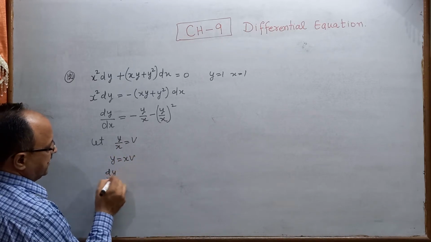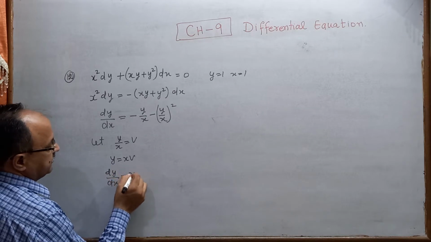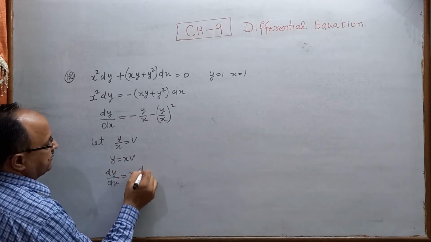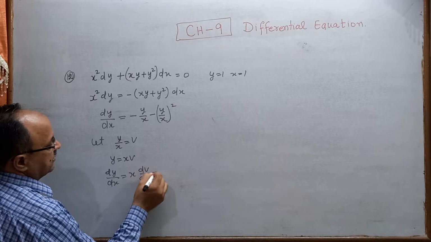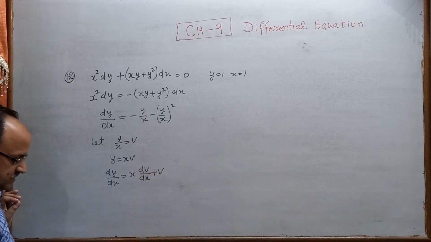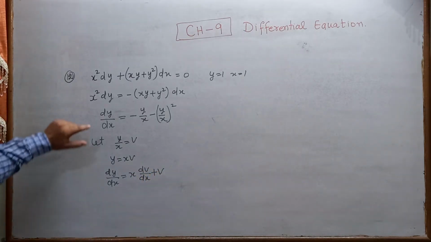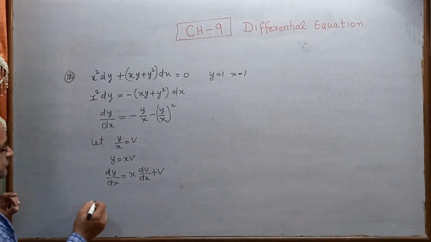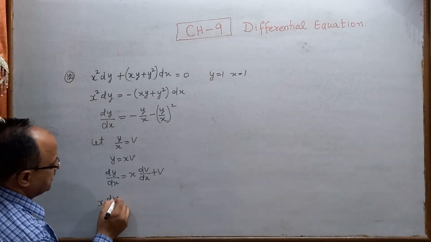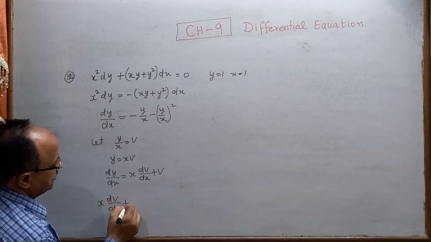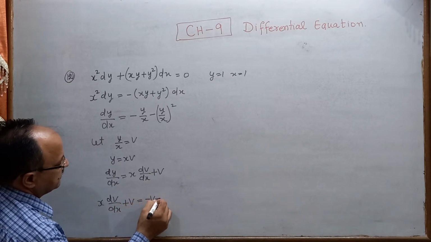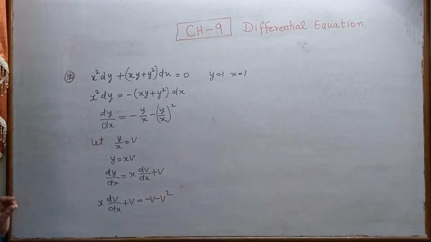Therefore, dy by dx is equal to x dv by dx plus v. Now put the value of dy by dx here. x dv by dx plus v is equal to minus v minus v square. Clear?